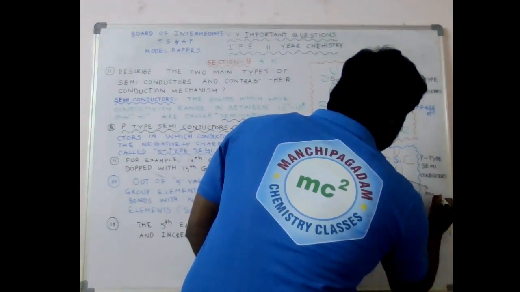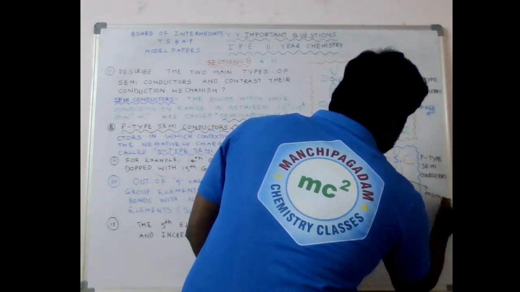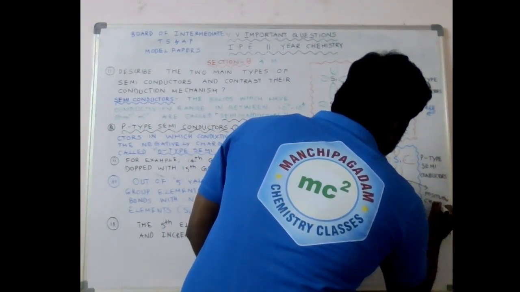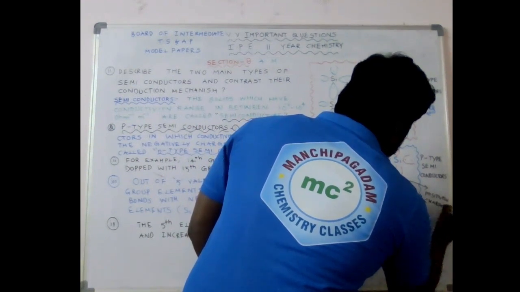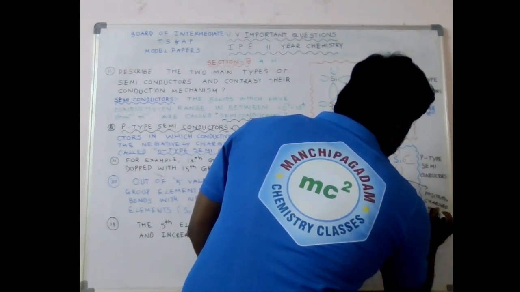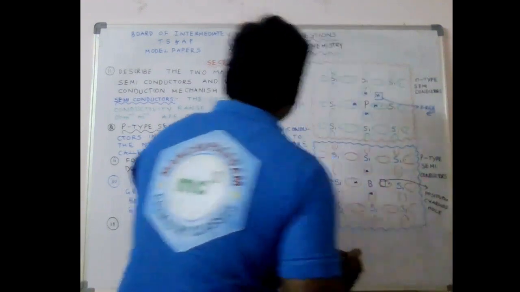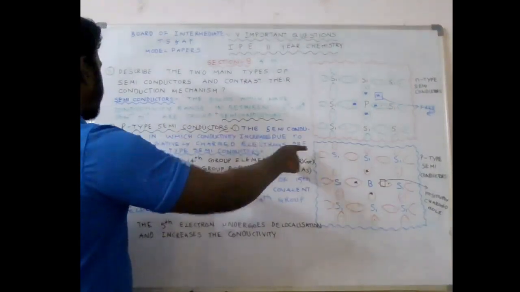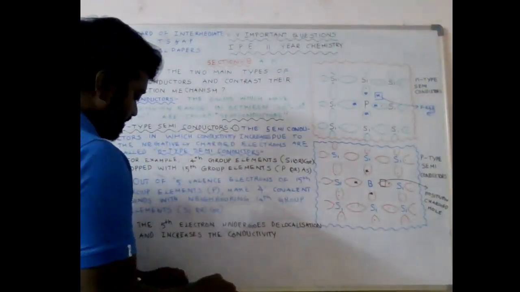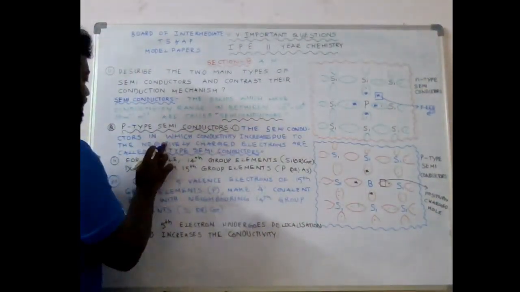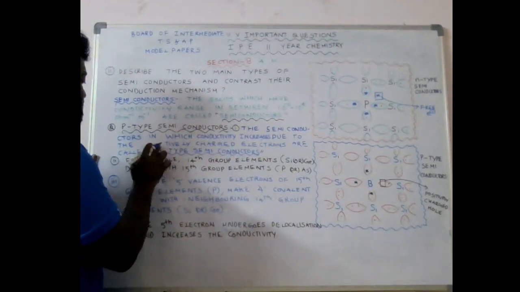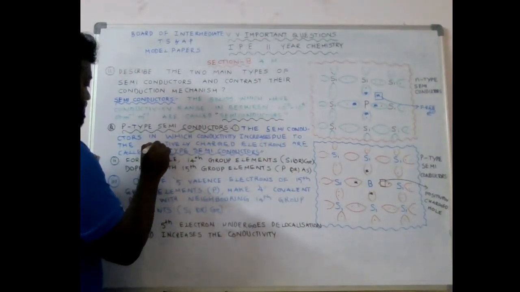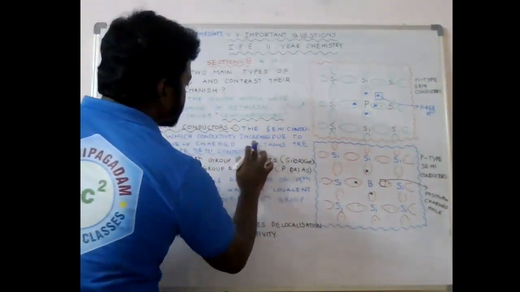positively charged hole. P, positively charged. This is responsible for the conductivity. Positively charged hole. So you can say that the semiconductors in which conductivity increases due to the positively charged holes.